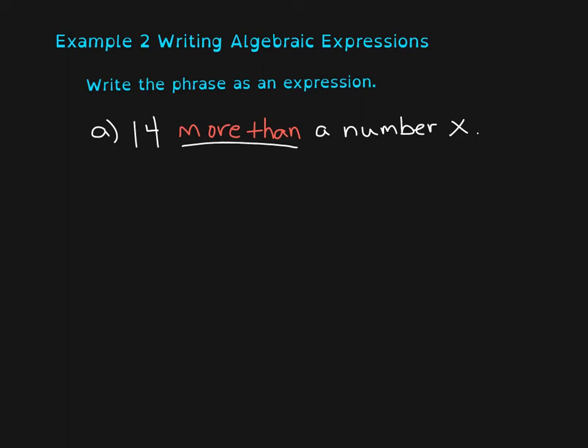So if I have 14 more than x, you would write it this way, x plus 14, because basically it's saying that I have 14 more than x. So my final answer for this expression is x plus 14.